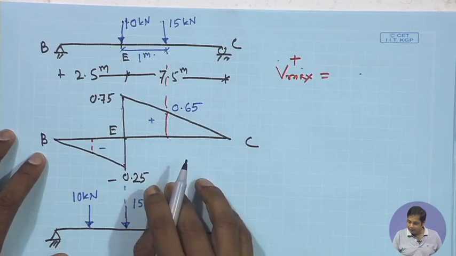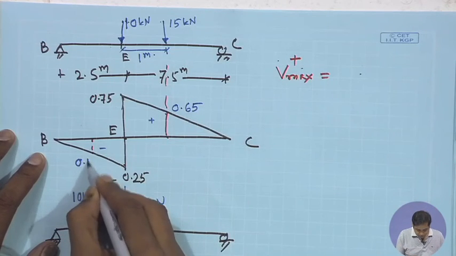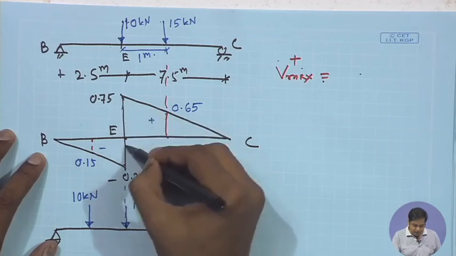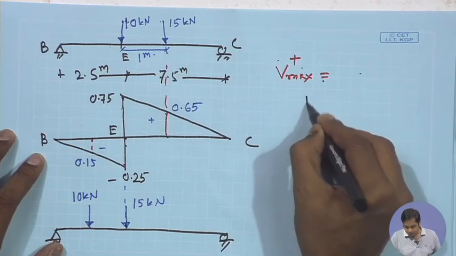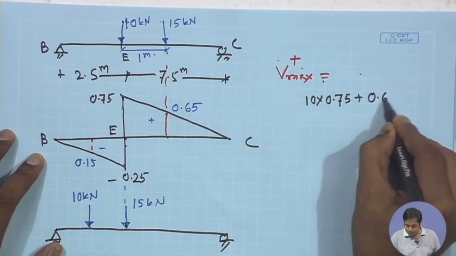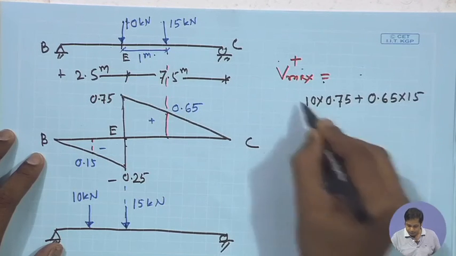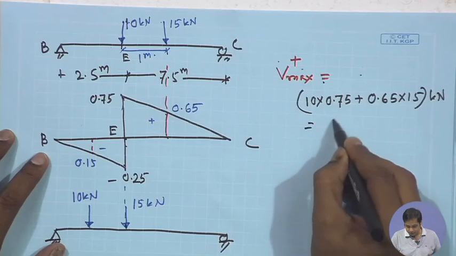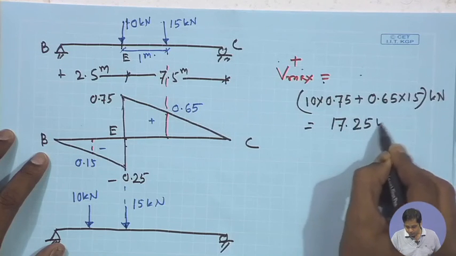This value will be 0.65 and this value is 0.15. You can check it by applying similar triangles. So, V max will be 0.75 into 10 plus 0.65 into 15, which is 17.25 kilonewton.